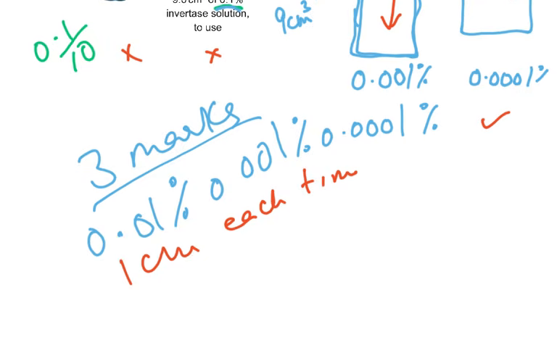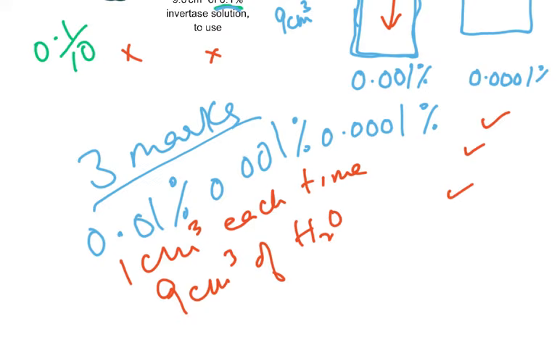If you showed me transferring 1 centimeter each time, you got another mark. And then if you had shown me 9 centimeter cube of water being added each time, you got another mark.